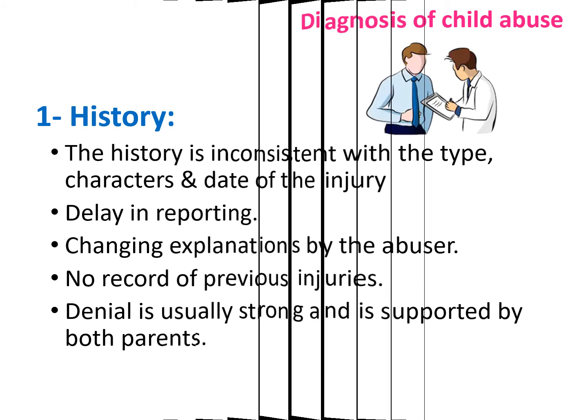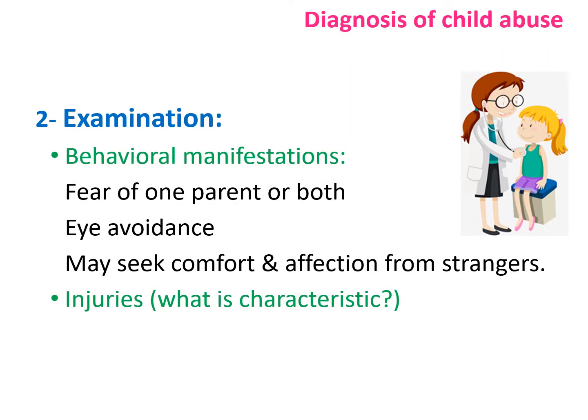This is about the examination. In the examination, we will take care of two points: the behavioral manifestations and, of course, the injuries. Regarding the behavioral manifestation, you can feel that the child fears one parent or both. He avoids eye contact with his parents or even with the physician.